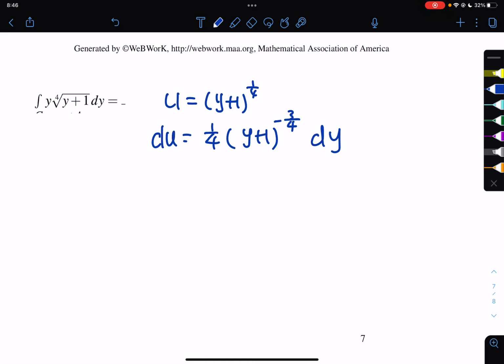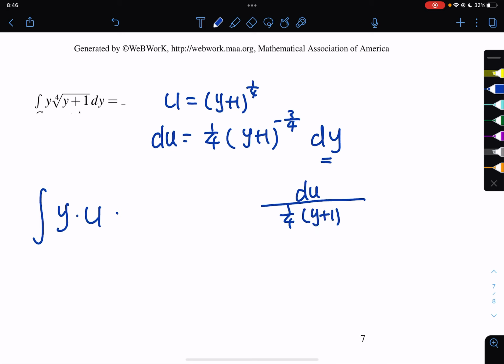Just by looking at this expression, I'm going to end up with the integration of y, and then y plus 1 to the 1/4, which is u, and then I have a dy. My dy is supposed to be du divided by 1/4 y plus 1 to the -3/4.